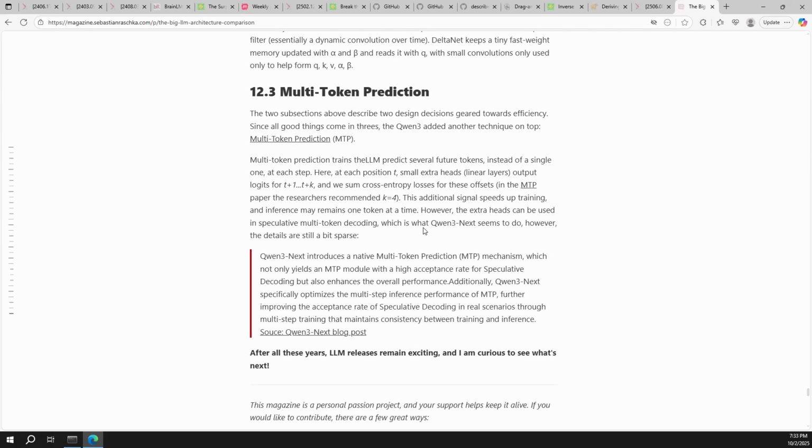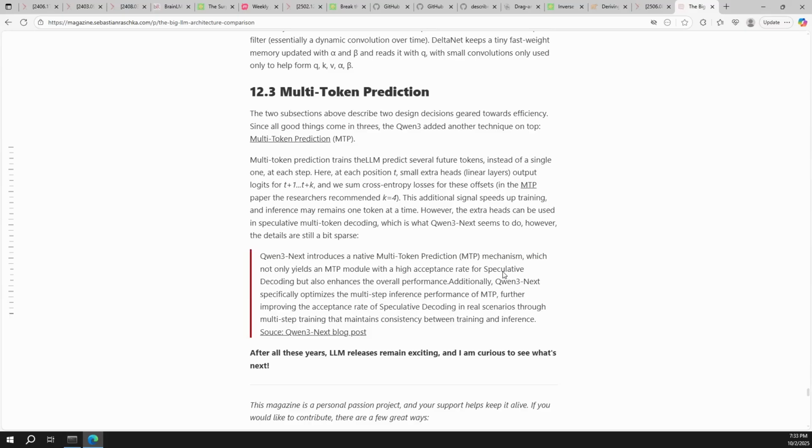And they say Qwen 3 Next does seem to actually use speculative decoding. So it not only yields a multi-token prediction module with a high acceptance rate. So acceptance rate is the rate at which, when you do speculative decoding, your initial guess for the next token is correct.